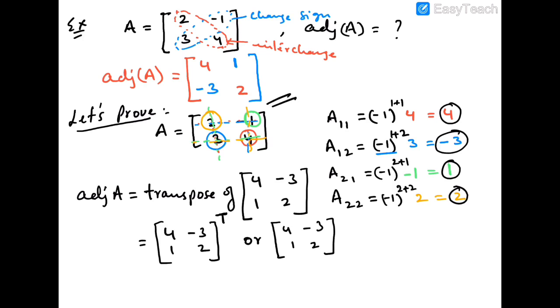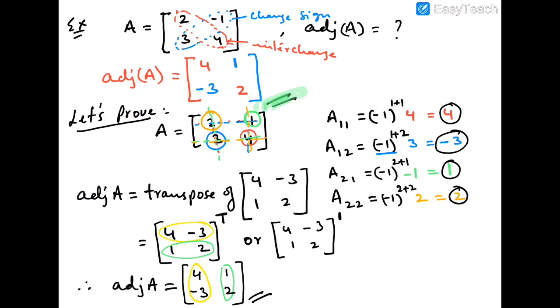Now the transpose of this matrix can be found by taking the first row and writing it down as the first column and the second row as the second column. So 4, -3 will become the first column and 1 and 2 will become the second column. So we can find the adjoint of a 2 by 2 matrix in both ways.